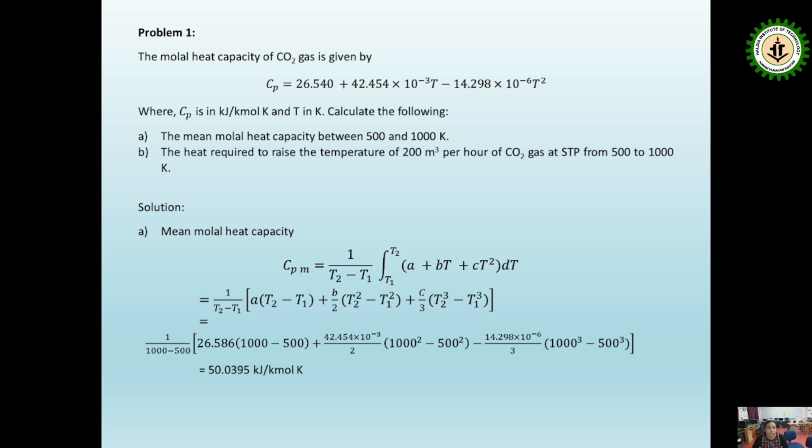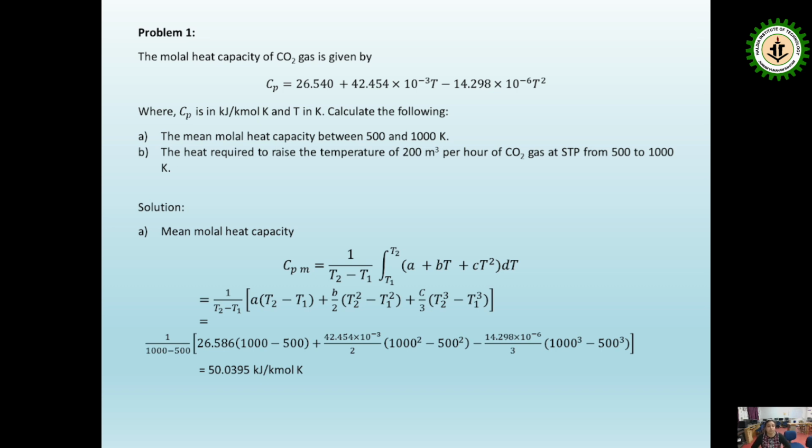Calculate the following. Number 1, the mean molar heat capacity between 500 to 1000 Kelvin, and number 2 is the heat required to raise the temperature of 200 meter cube per hour of carbon dioxide gas at STP from 500 to 1000 Kelvin.